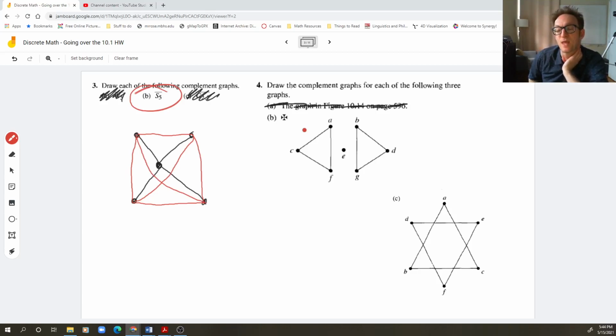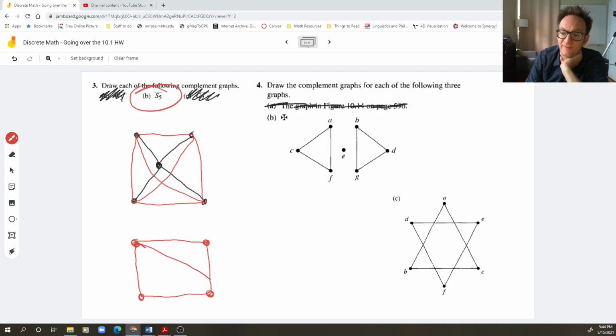So, yeah, you have 5 vertices. But this looks crappy enough that I'm considering just redrawing it. What we really have is this situation. I have these 5 vertices. The 4 vertices on the outside of the star are not connected to each other at all. So in the complement graph, they're completely connected to each other.